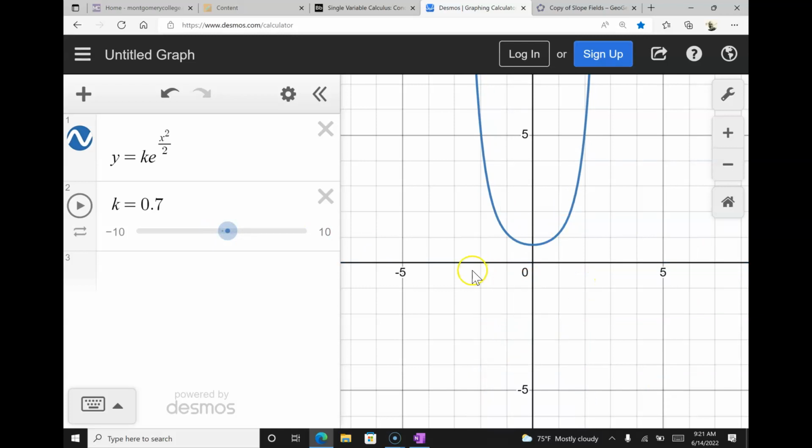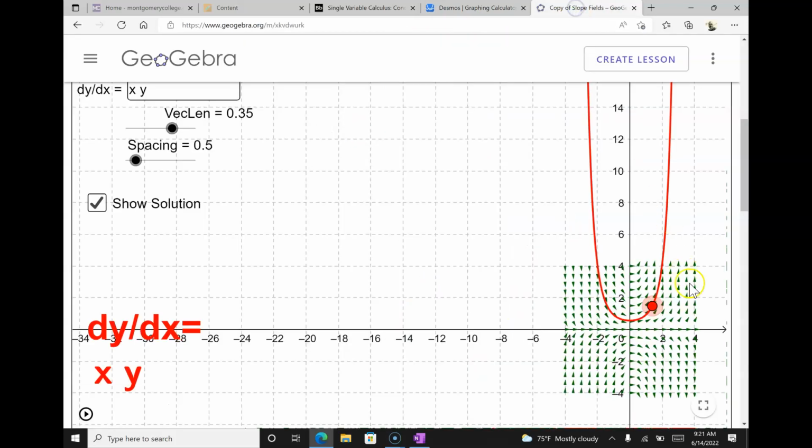What's kind of nice is if I know one point on the curve, I'll be able to figure out K and then graph that actual one. That's where this GeoGebra piece comes into play.